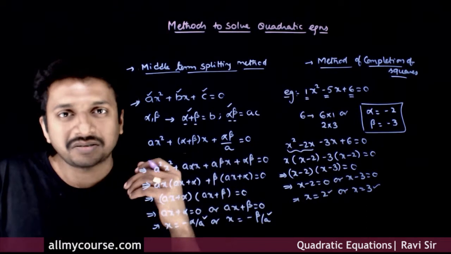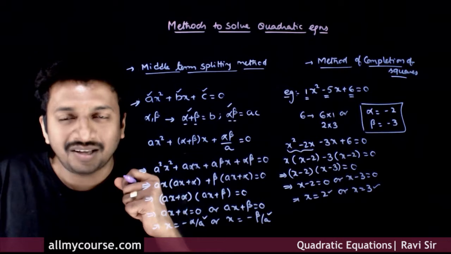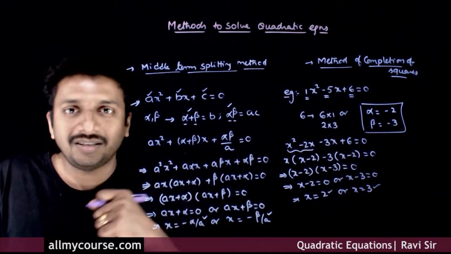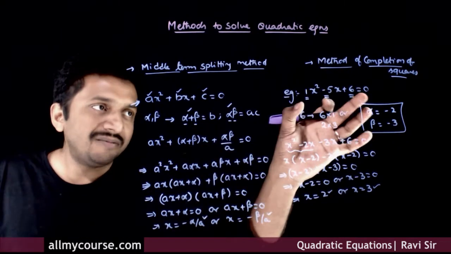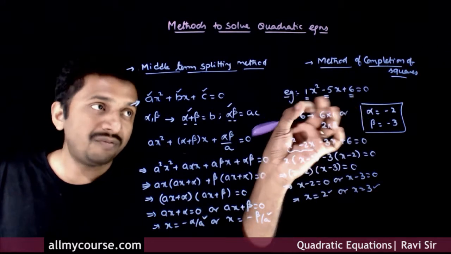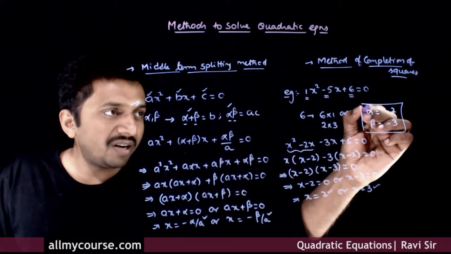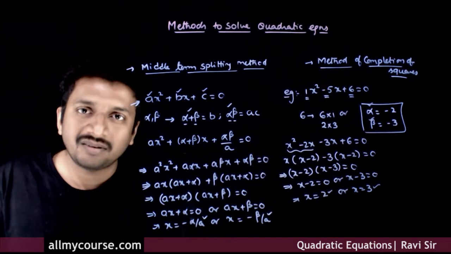But the problem with this solution method is that it is not a general method. For any coefficients a, b, c, it is not very easy to find alpha and beta.